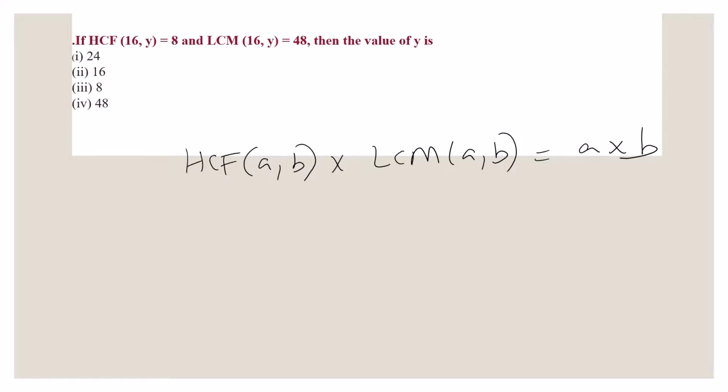This is the formula we are going to apply. Here, in place of a we have 16 and in place of b we have y. HCF is 8. So 8 into LCM 48 is equal to the product of the two numbers, 16 and y, 16 into y.